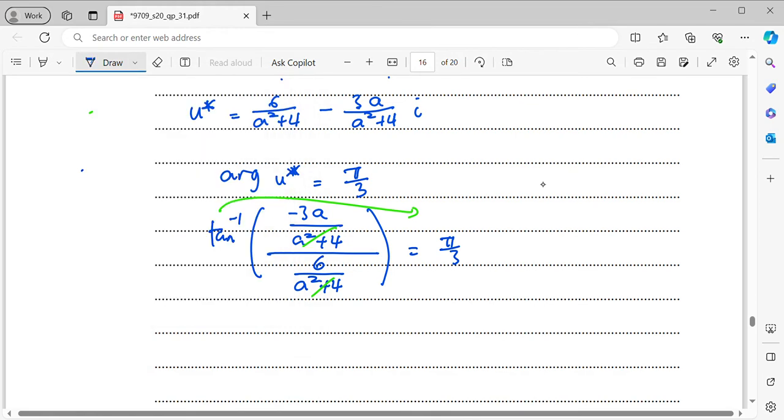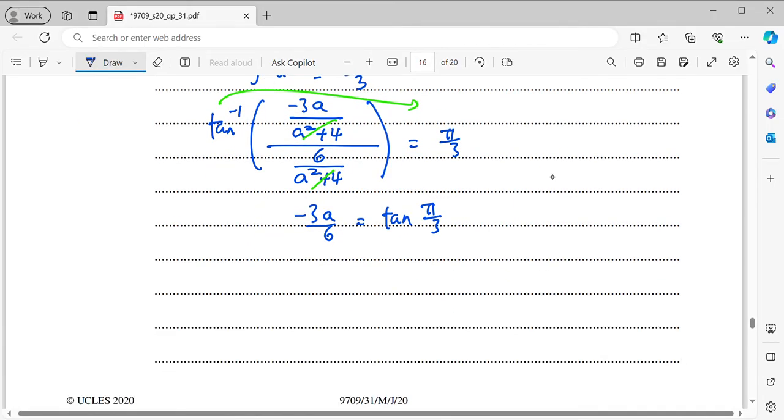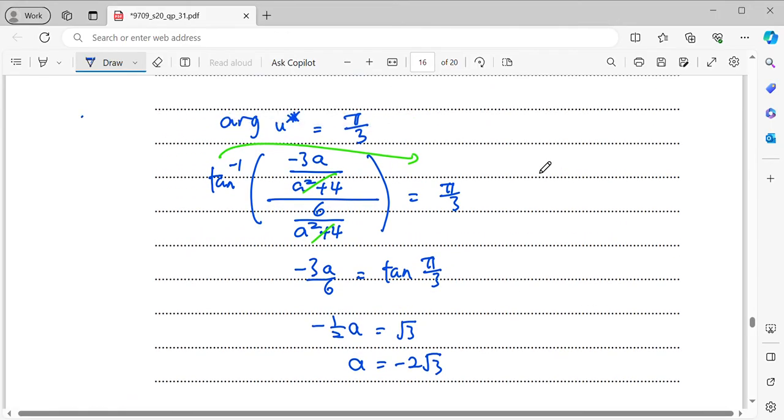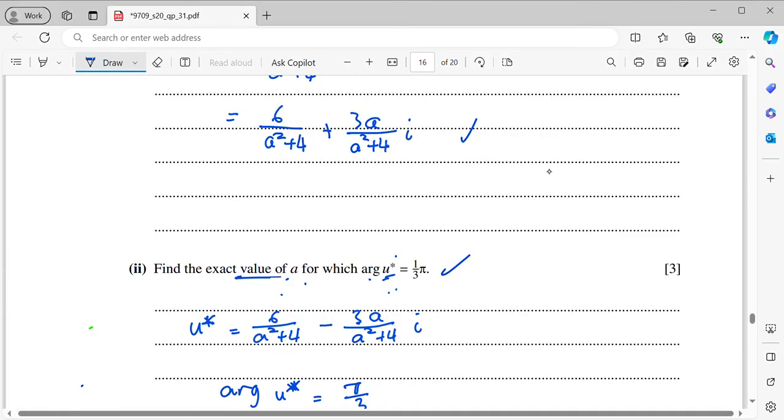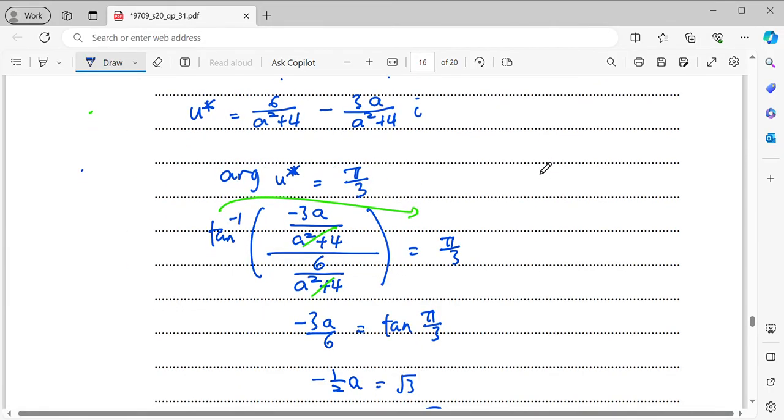Then you will be getting negative 3a over 6 equals tangent pi over 3. Tangent pi over 3 is square root 3, and the left hand side is negative half a. Then from here, my a is going to be negative 2 square root 3. So that is the a value.